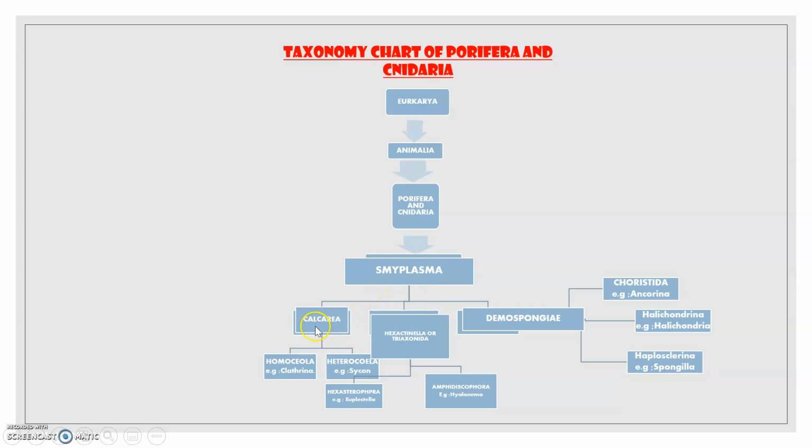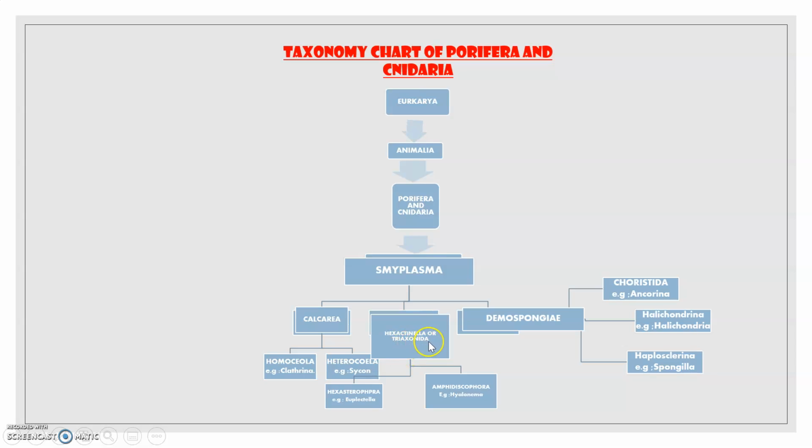The first is class Calcaria, the second is class Hexactinellida or Triaxonida, and the third is class Demospongiae. The Calcaria is divided into two orders. The first is Homocoela, and the example is Clathrina, and the second is Heterocoela, and the example of Heterocoela is Sycon.